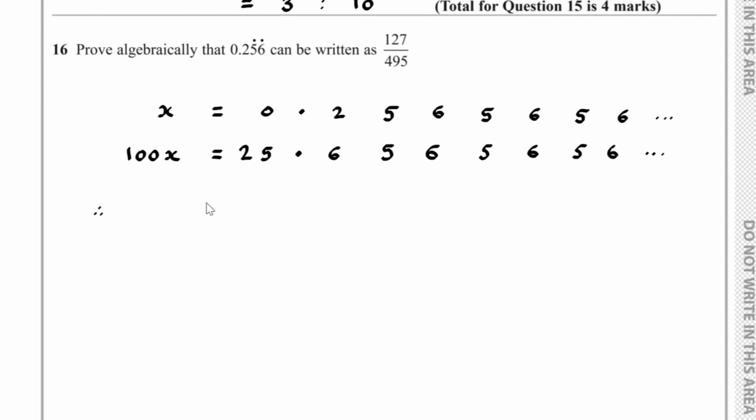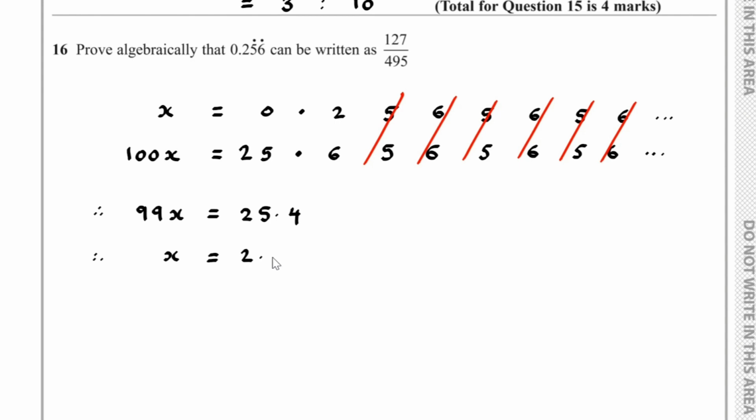And therefore, subtracting these, 99x will equal the 25.656, etc. minus the 0.256, etc. So these terms would cancel out. So we've got 25.6 take away 0.2, which is 25.4.